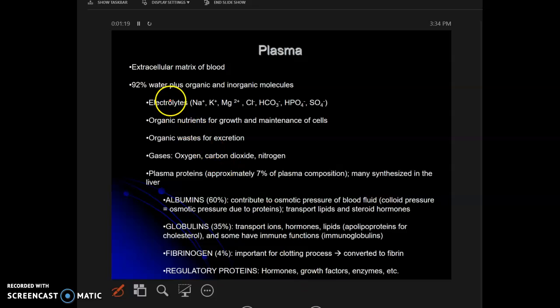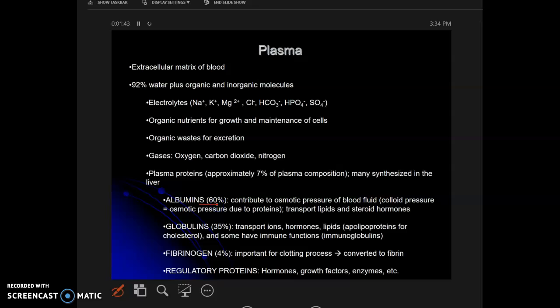All right, so 92% of course water plus organic and inorganic molecules. We have the electrolytes like sodium, potassium, also magnesium, etc. There are organic nutrients, of course there are organic wastes, there are gases, but then there are plasma proteins. I'm interested in these. You have to know these, okay?